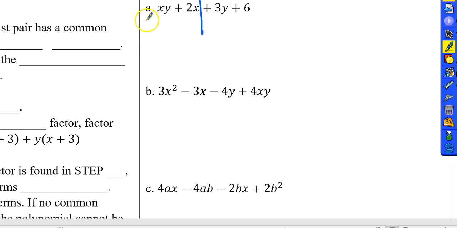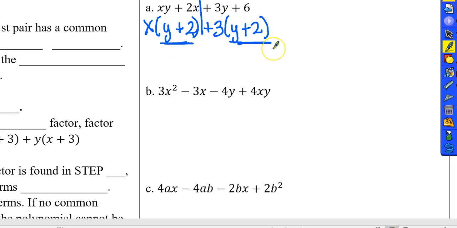For the first pair, you said they had x in common, leaving us with y plus 2. Because you remember you have to be able to distribute it back. And in the second half, they have in common a positive 3. And I want to write that plus 3 there. It's important. Times y plus 2. So we're looking for the magic, and there it is.